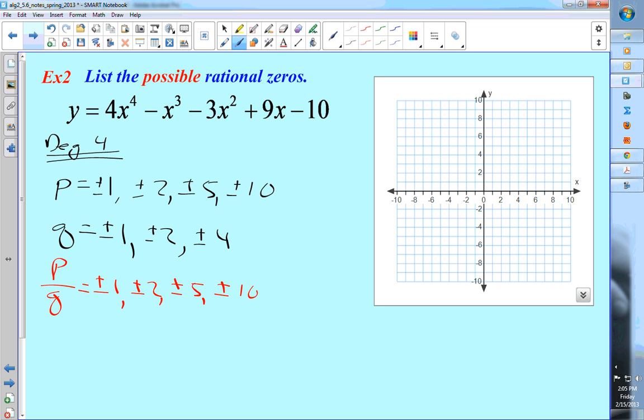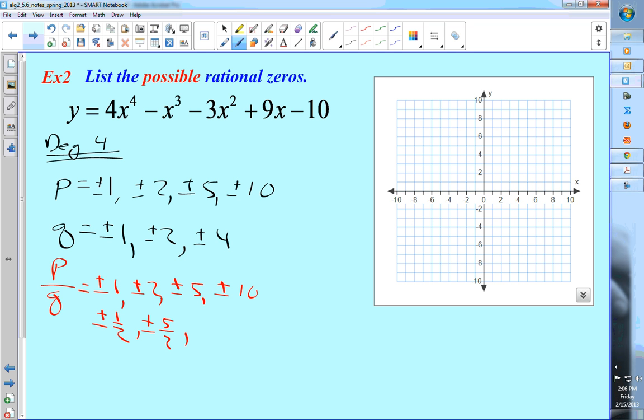Plus or minus 1 over 2, we have to include that. But plus or minus 2 over 2, we don't, because that's 1. We already have it. Plus or minus 5 over 2, we have to include that. But plus or minus 10 over 2, we don't need to include that, because that's 5.